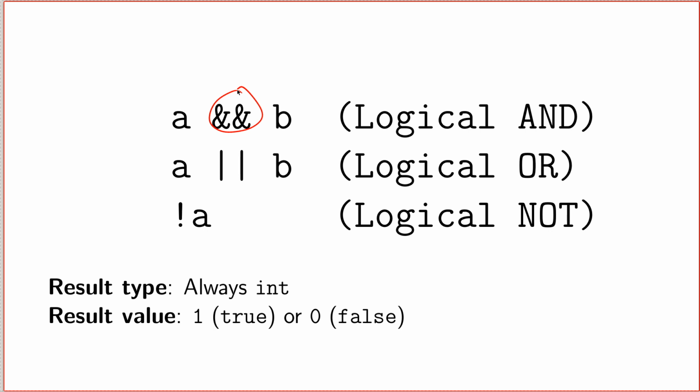That's why we have to use 2 for these. The operator with 1 ampersand is bitwise and. And I mentioned earlier, we don't want to touch the bitwise things in this course. And it's a strange one, so make sure you always use 2 ampersands. On an exam or an assignment, you could lose marks for using only 1 ampersand, even if the code appears to work. So the logical and operator takes 2 operands and then evaluates whether each operand is true or false.